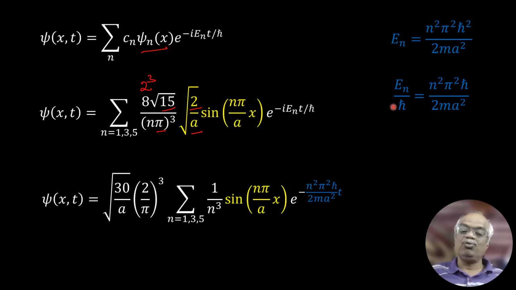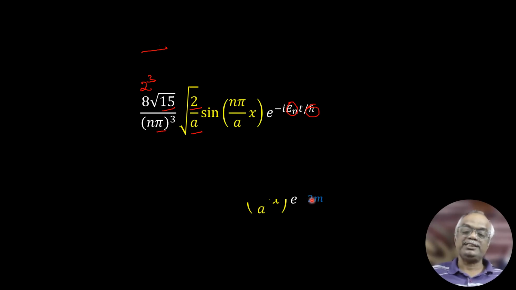Then En over h cross is n squared π squared h cross over 2ma². I am replacing En over h cross with this term, that is n squared π squared h cross over 2ma², of course times t. Why I am doing this is because n is the running index. So this is the time dependent wave function.